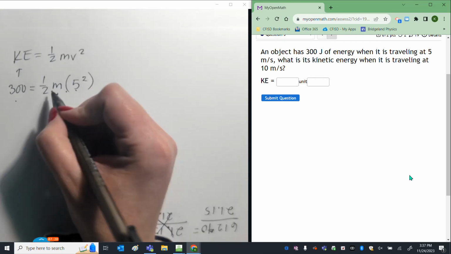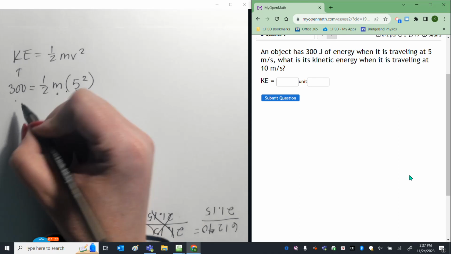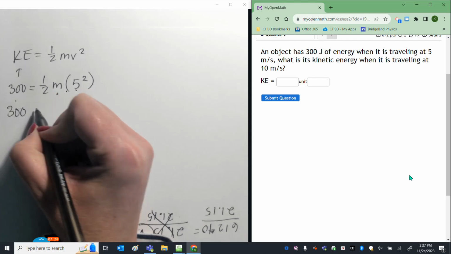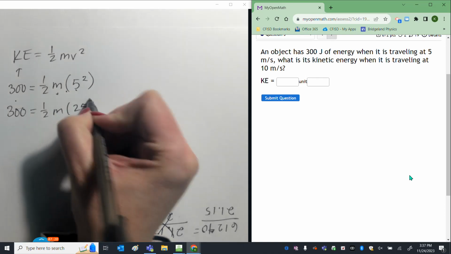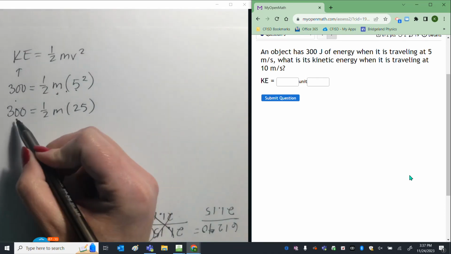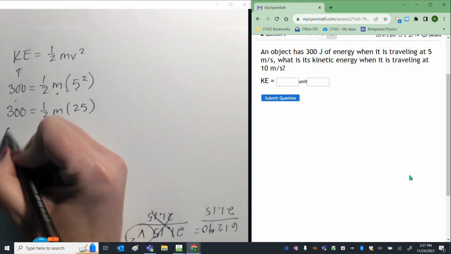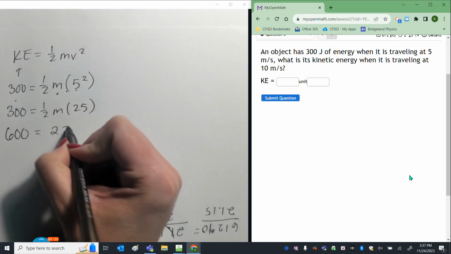So 300 equals 1/2 m times 25. We're going to move this half over here, so we multiply both sides by 2. That's 600 equals 25m.